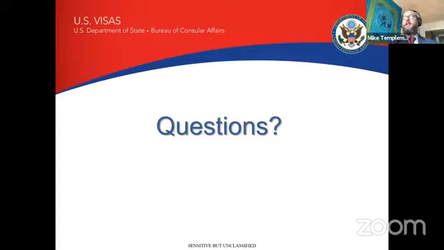I think bank statements is something we get a fair number of questions about, and sometimes people are surprised because they'll print out all the bank statements, and then sometimes a consular officer asks for them, and sometimes they don't ask for them. There's a lot of information that can help determine whether someone has the ability to pay for a program, and it's not just bank statements.